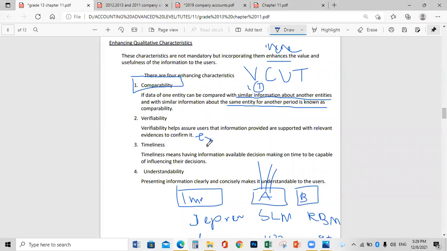Not only that, guys, we can even say audit report. Audit report is where the auditors will come and check our financial statement to see we have provided true and fair information, whether our financial statements are prepared properly. Auditors will check our financial statement and give a report to the shareholders, to the users.